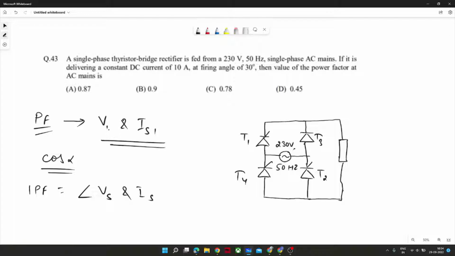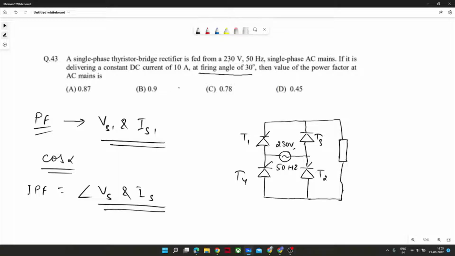With Vs1 and Is1, that is known as the fundamental power factor or displacement power factor. And the actual power factor of the overall circuit, with the total components of voltage and current, is known as your total input power factor, right? So we were asked this one.